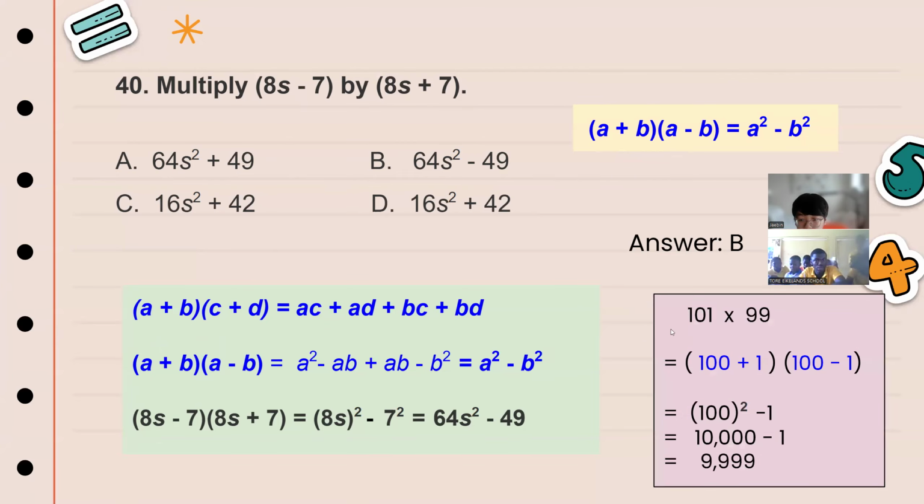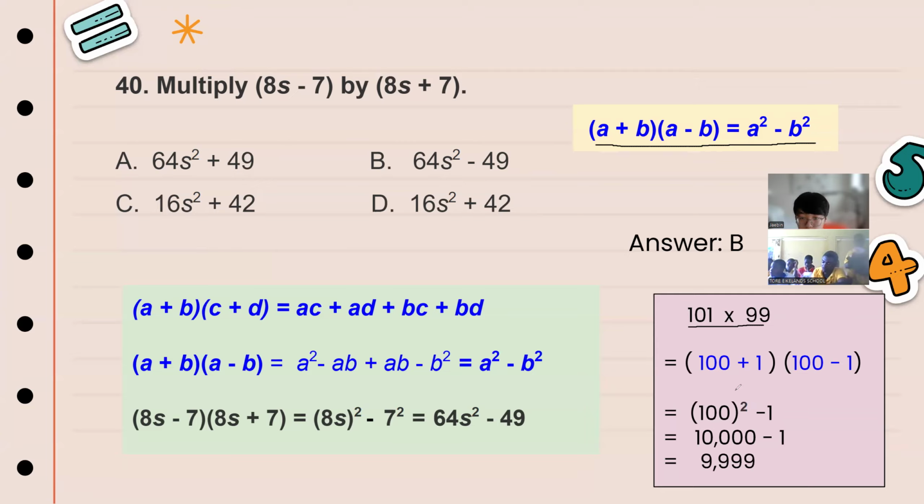I've had another example here, which is 101 times 99. You can solve this with this method, A squared minus B squared, because 101 is 100 plus 1. 99 is 100 minus 1.